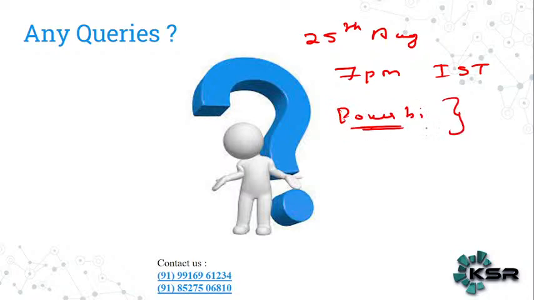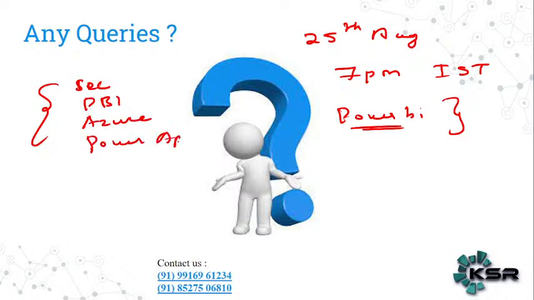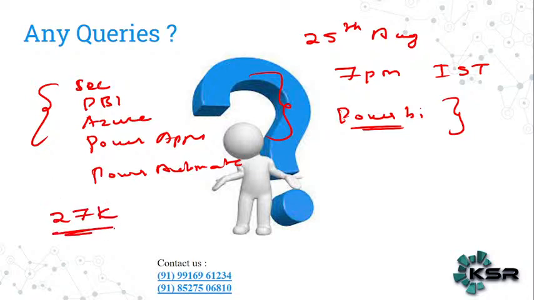And for the entire package of SQL, Power BI, Azure, Power Apps, and Power Automate, you'll get all 5 components for a fee of 27,000.